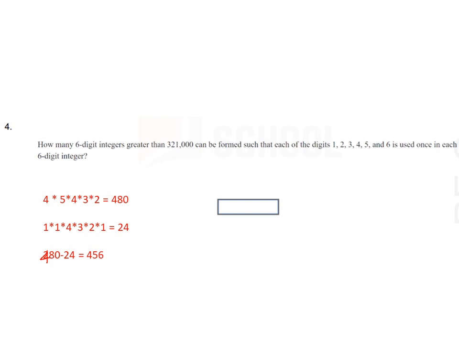For example, we have counted 3 twice. When we placed 4 multiplied by 5, that 4 includes digit 3. So we need to subtract it out. In this case, we get 1 multiplied by 1 multiplied by 4, 3, 2, 1. So we get 24. Now take the difference, that is 480.